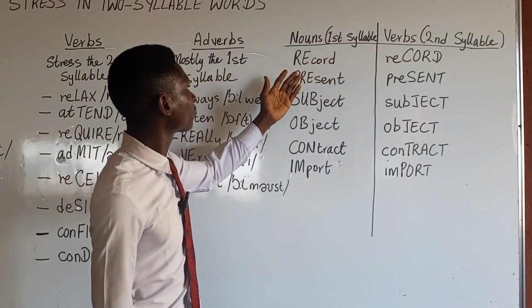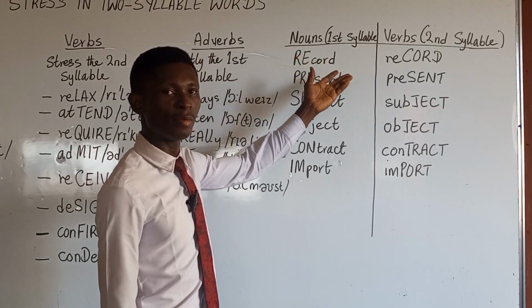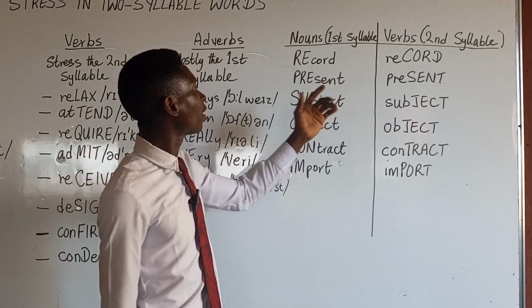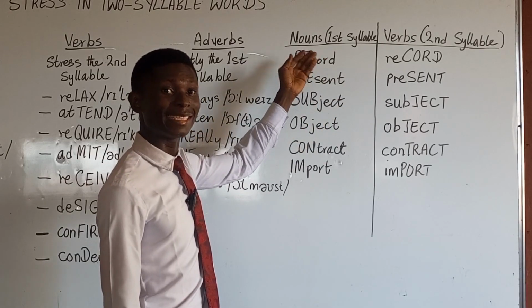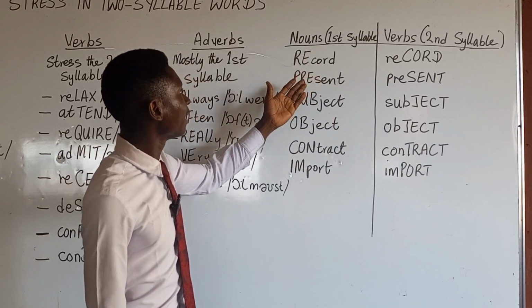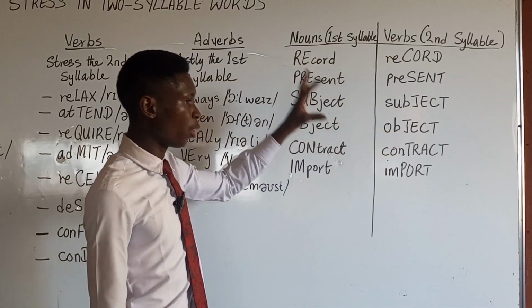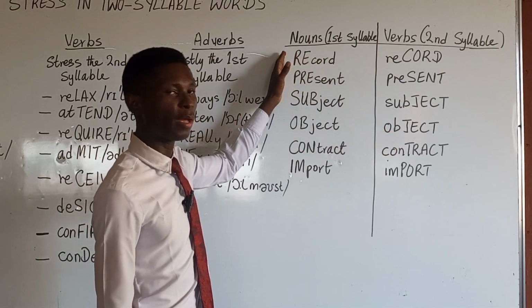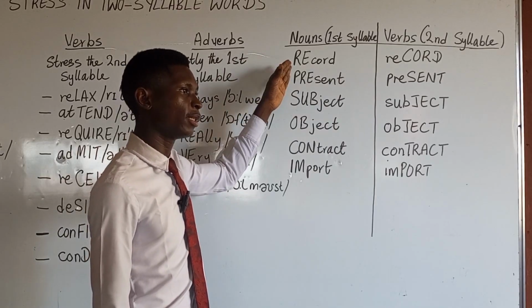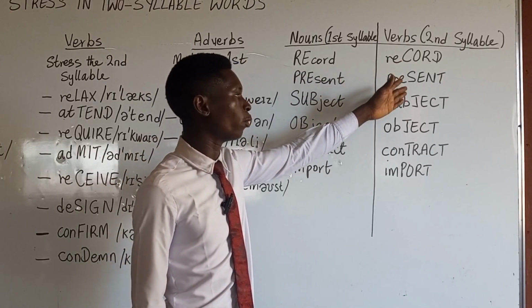But when you say the record of what was said in the meeting is with him, the record there is a noun. So note the difference between the use of these nouns and the use of these verbs. But a point of emphasis is that here we have the stress on the first syllables, whereas we have the stress on the second syllables here.